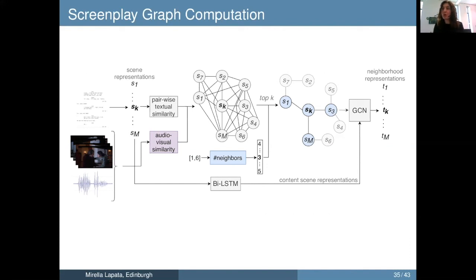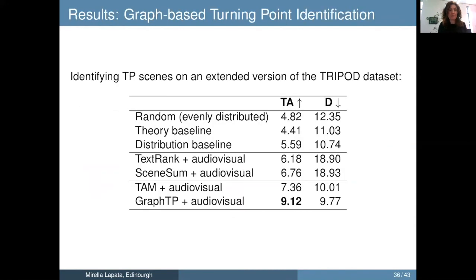So it's a little bit more complicated, but I think this makes a lot more sense than before because it acknowledges the fact that there are dependencies between scenes and that things don't progress linearly. Okay, so I'll show you first how numbers differ when you use this graph and audiovisual information to compute the turning points. And then I will talk about summarization results.